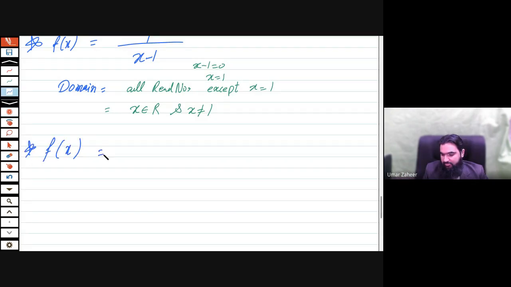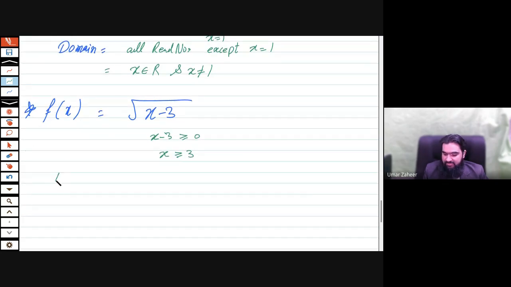In the same way, for example, you have f of x is equal to square root of x minus 3. And we know that in the square root, we always take a positive value, but it's an expression here. So it means that the expression must be greater than or equal to 0. We will get that x is greater than or equal to 3.